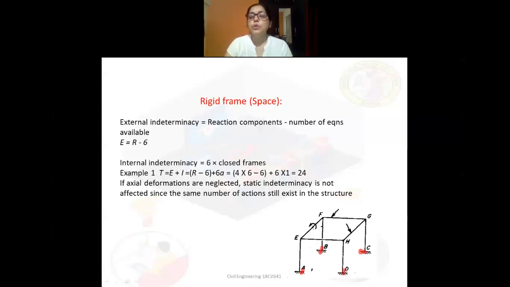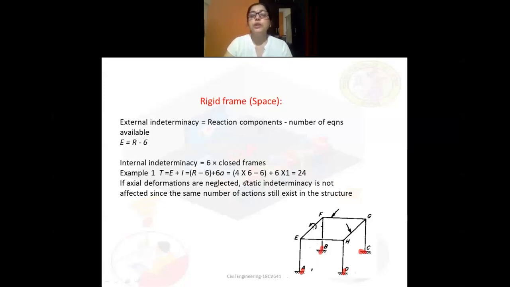So 4 into, instead of 3, you have to write 6 here, because of horizontal direction, vertical direction, and instead of just moment, you have to consider Mx, My, Mz, that is moment in xy direction, moment in yz direction, as well as moment in zx direction. So altogether we have 6 reactions in each joint.